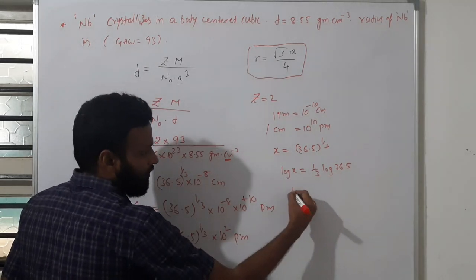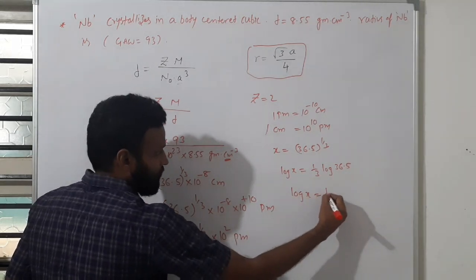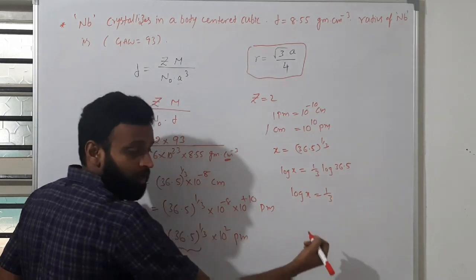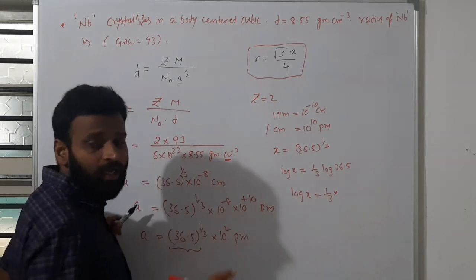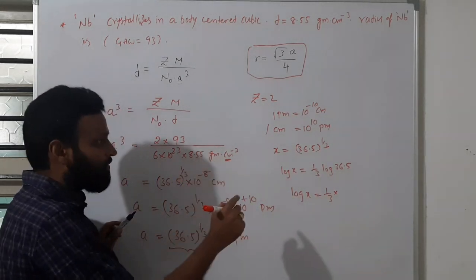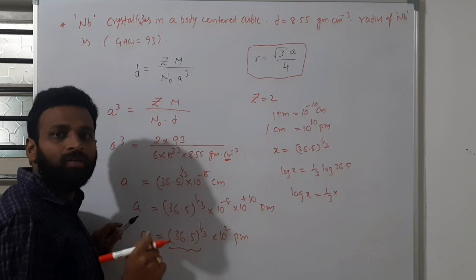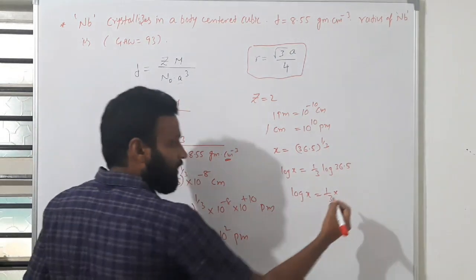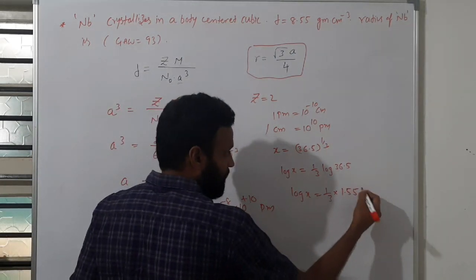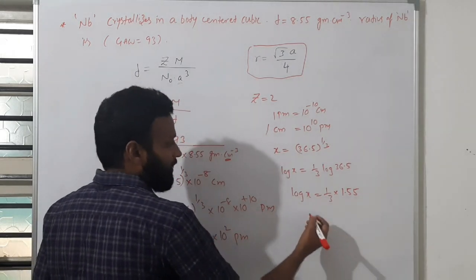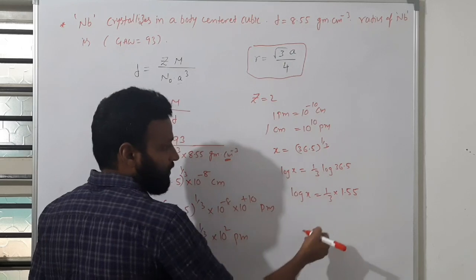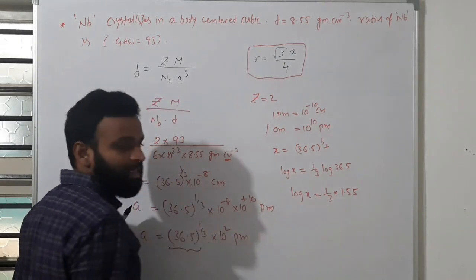Do you know how much? Don't worry, they will give these logarithm values. If this kind of numerical is given, they will definitely give the log 36.5 value. Now I am writing here, it is 1.55 something. So I have to apply the anti-logarithm for 1 by 3 into 1.55.